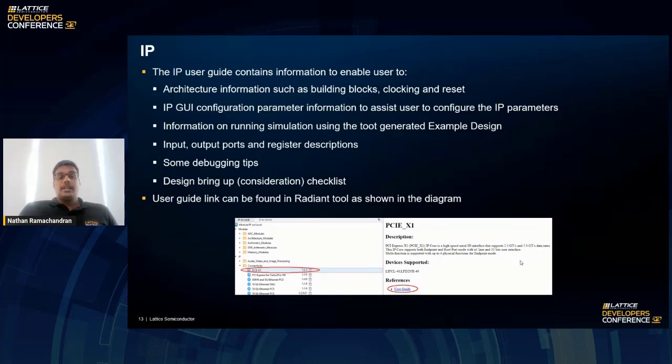The fourth item, which is quite critical, is all the input output ports that are available to the PCI IP and the register descriptions. We have also added some debugging tips if you are facing issues with PCI link bring up in your hardware. And lastly, we added a design bring up consideration checklist. This allows users to check if they have followed all the steps recommended in the user guide.